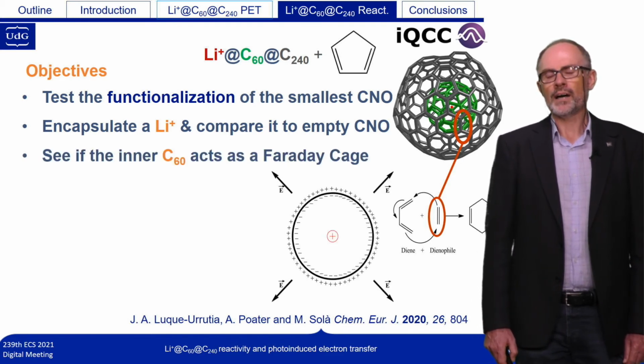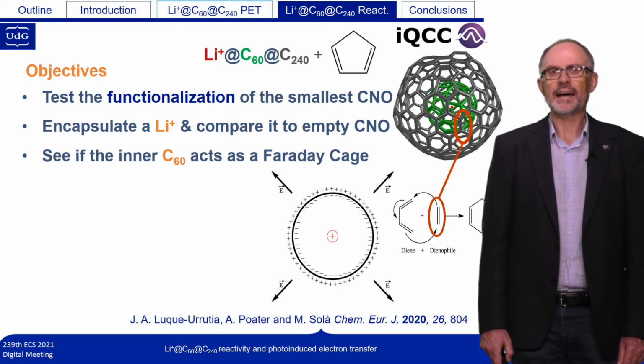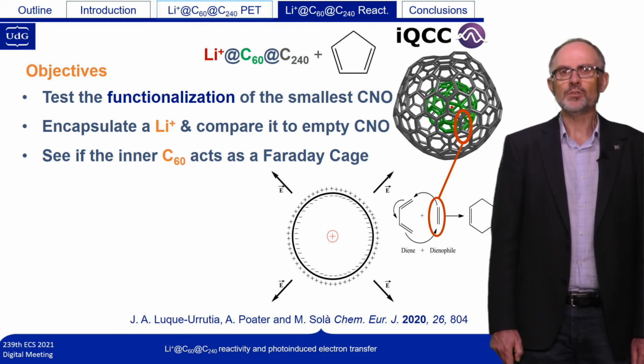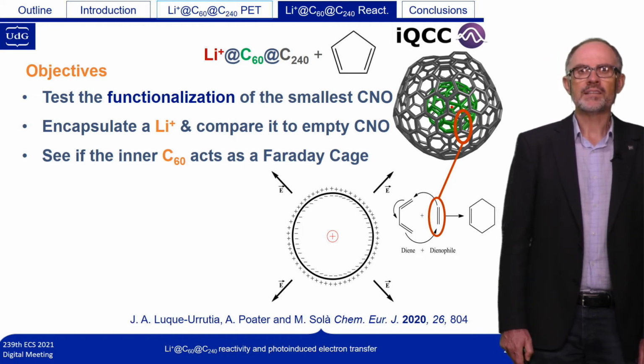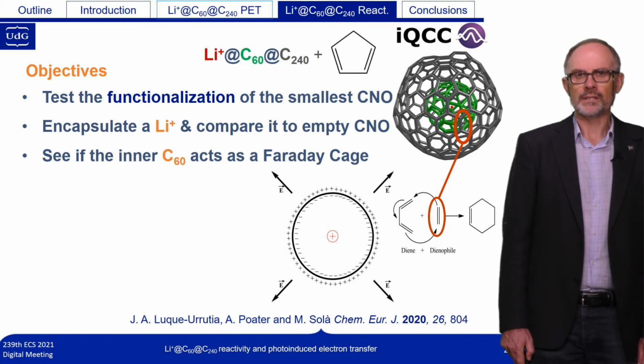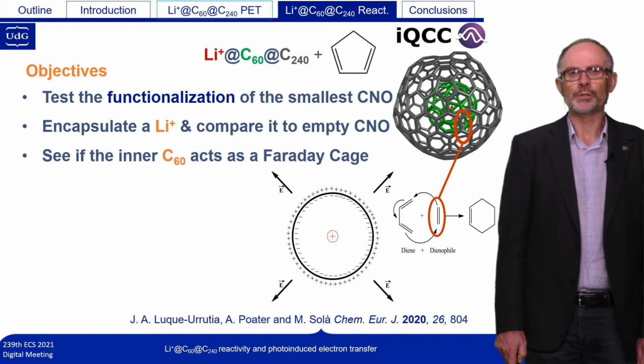We want also to answer the question whether the inner C60 acts as a Faraday cage. If C60 acts as a Faraday cage, the Li+ will have the same effect on the reactivity of C240 as that on the carbon nanoanion C60@C240.